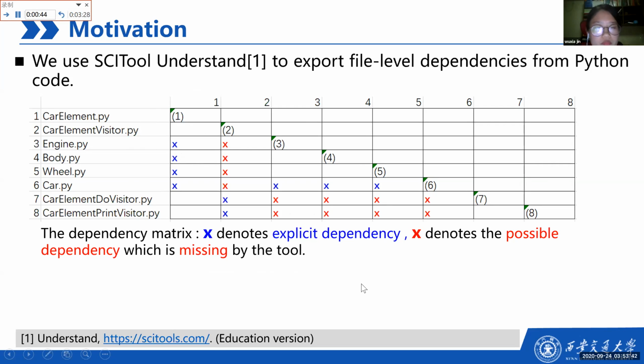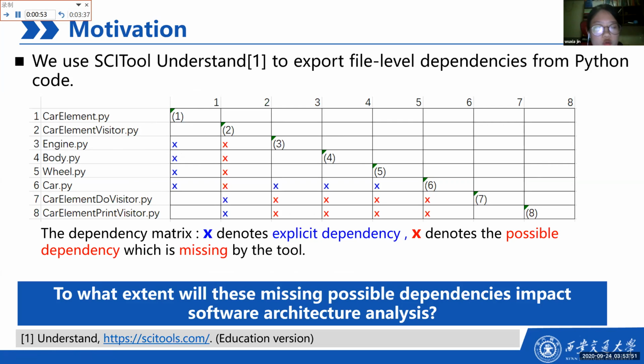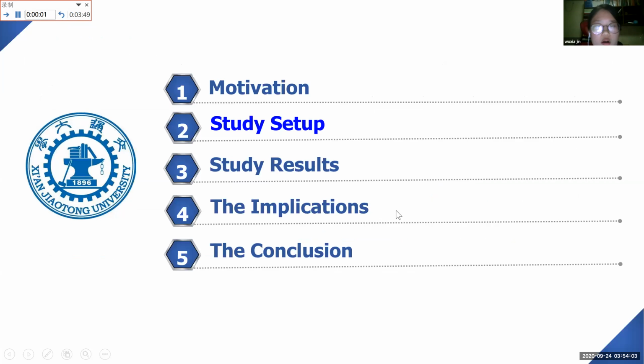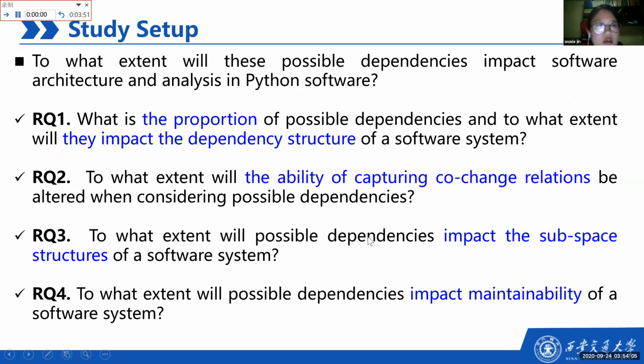Because dependencies are the foundation for software architecture analysis, one question in our mind is to what extent these missing possible dependencies will impact software architecture analysis. Our work will study this question. Concretely, we study 4 research questions. First, what's the proportion of possible dependencies, since they are missing?